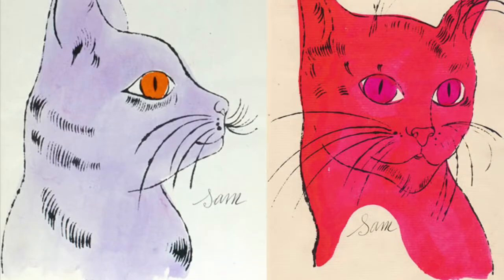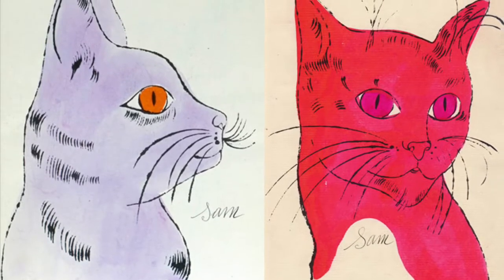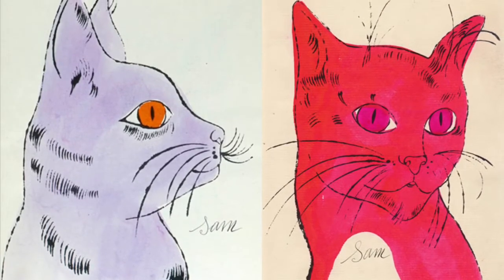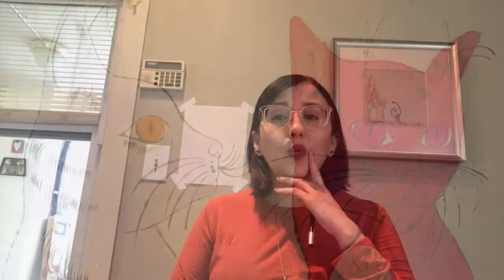All right? So what we are going to be doing, depending on your grade level, is a different project involving the element of line. All right, so let's get started.